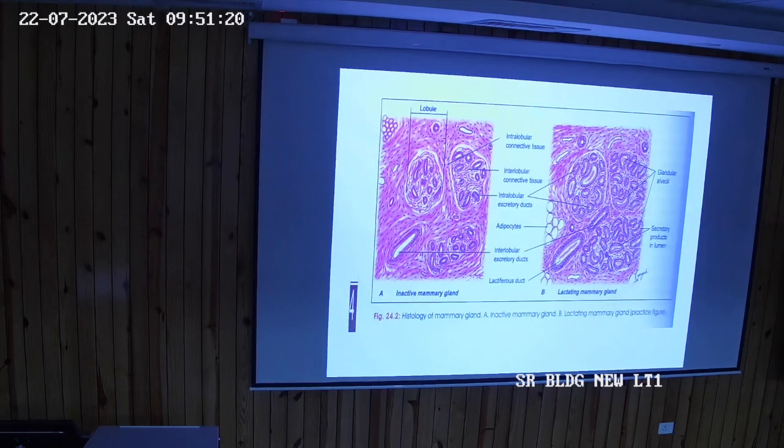So 15 to 20 lobes, and a large number of glands are present. Each gland secretes the milk through a duct called the lactiferous duct, and these lactiferous ducts open in the nipple.